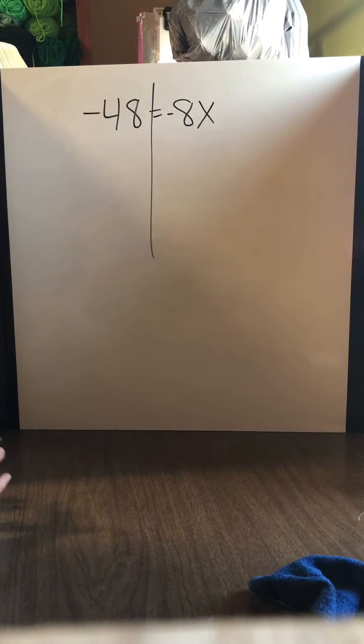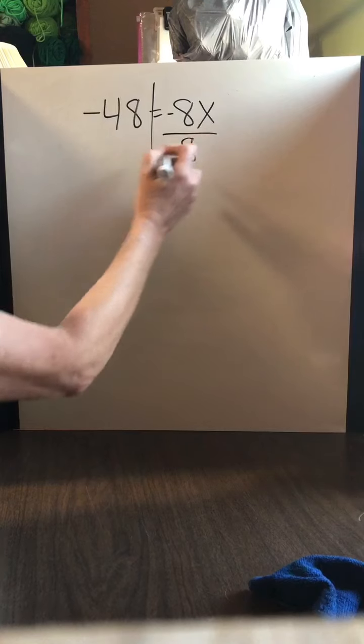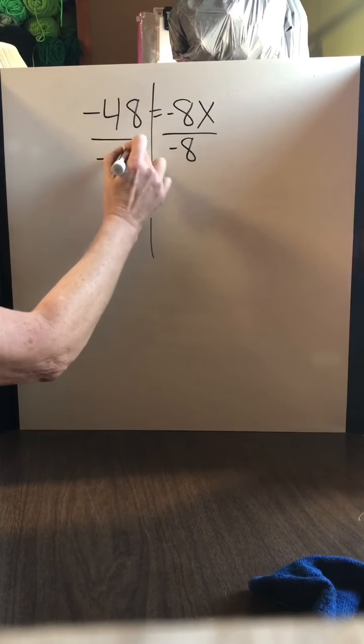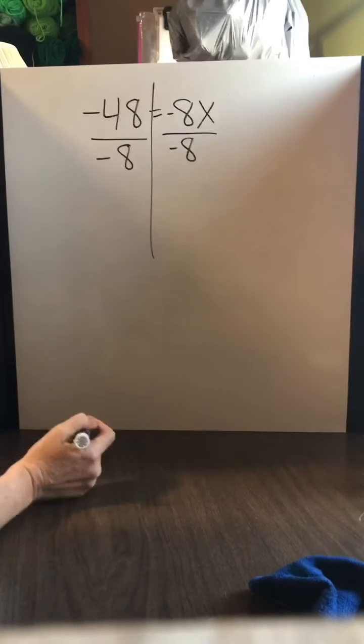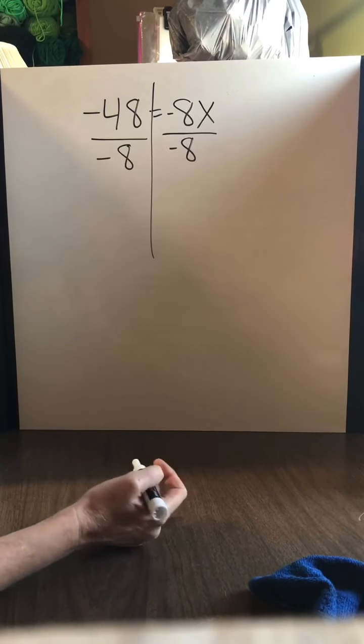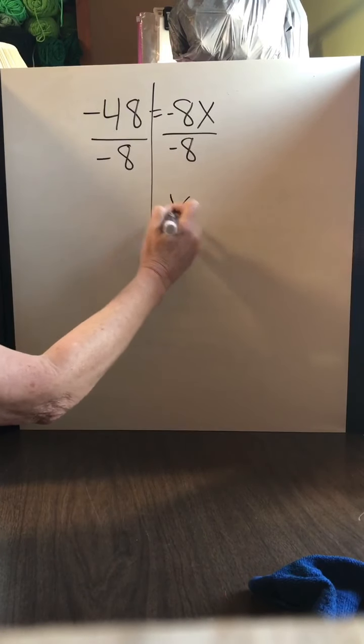So we want to divide by whatever's in front of the x. This is actually negative 8 times x. So we can divide by the negative 8. Okay, and because we divided that side by negative 8, we got to do it to the other side. Negative 8 divided by a negative 8, a negative divided by a negative gives you a positive. So that just leaves me with a positive 1x.